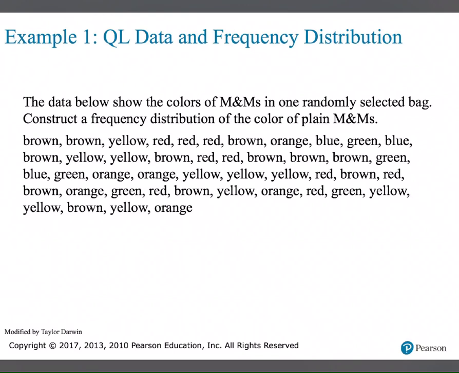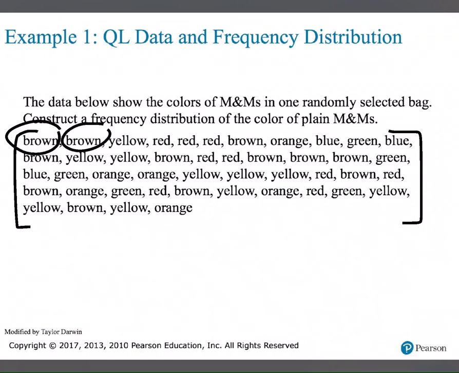Okay, so it says the data below shows colors of M&Ms in one randomly selected bag. Construct a frequency distribution for the color of plain M&Ms. We're going to do this on the next slide, but just remember this is where I'm getting my data, so if you want to take a picture of it, you can see where I'm getting my numbers. Basically I'm going to go down the line and count.